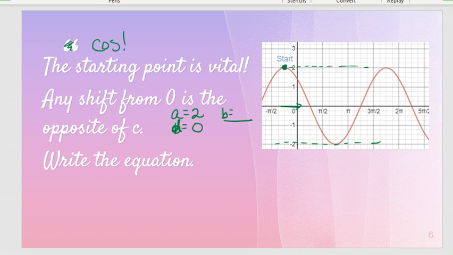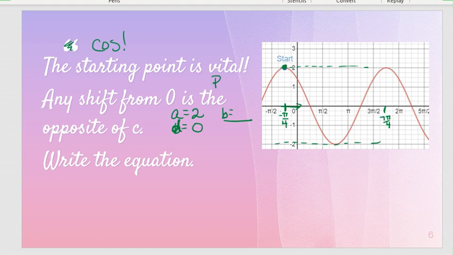What is B? Well, we need to know what the period is. If we go find our period, this is a little weird. So this is 2 units off of 0. So this is actually halfway back. So it's negative pi over 4. And if we go to this 2 pi, and we go back 2 units in the same direction, it would be pi over 4 units, but it's not going to be pi over 4 units before 2 pi, it's 7 pi over 4.